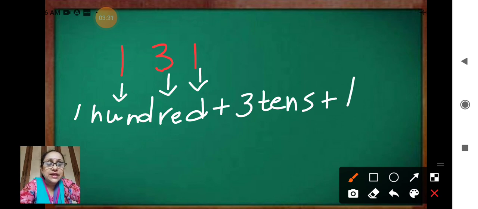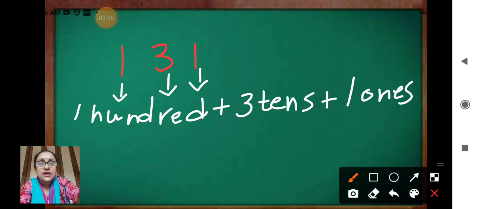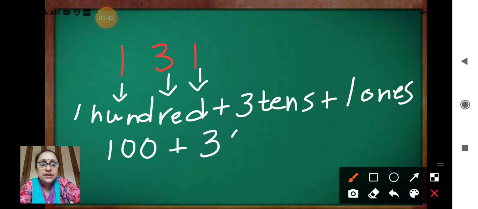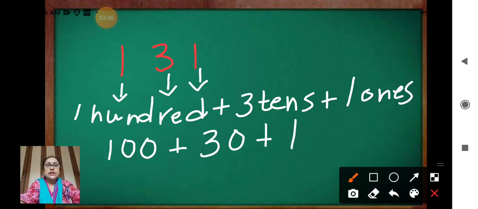So we can write like this: 1 ones. Another way, 100 plus 3 tens, 30, plus 1 ones. Okay, 131 the number is, and we have expanded the number like this. Okay, understood children?